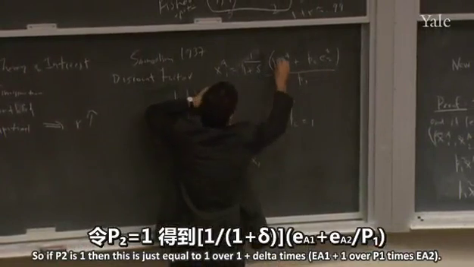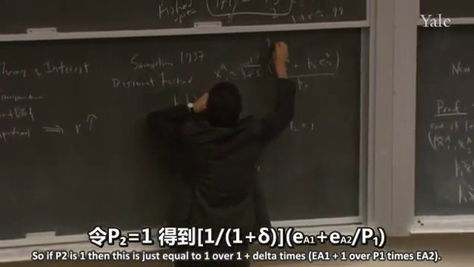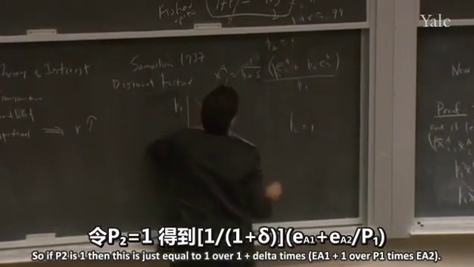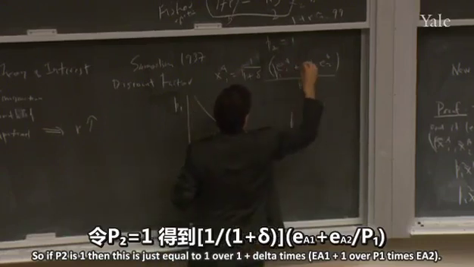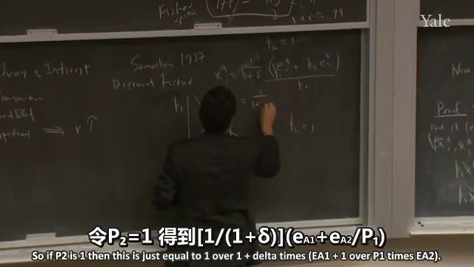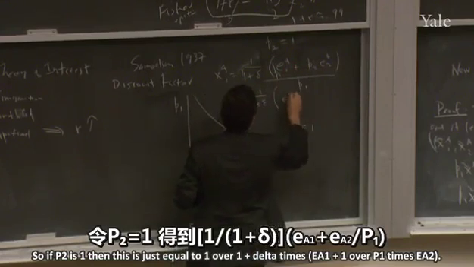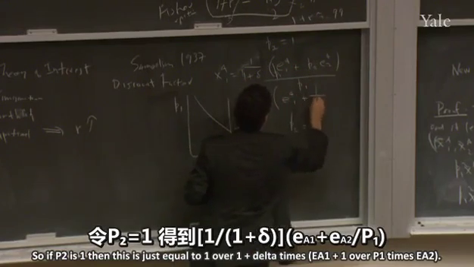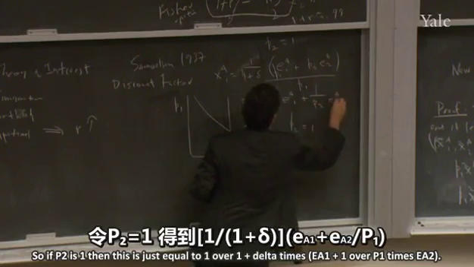So if P1 is 1, P2 is 1, then this is just equal to 1 over 1 plus delta times EA1 plus 1 over P2 times EA2.